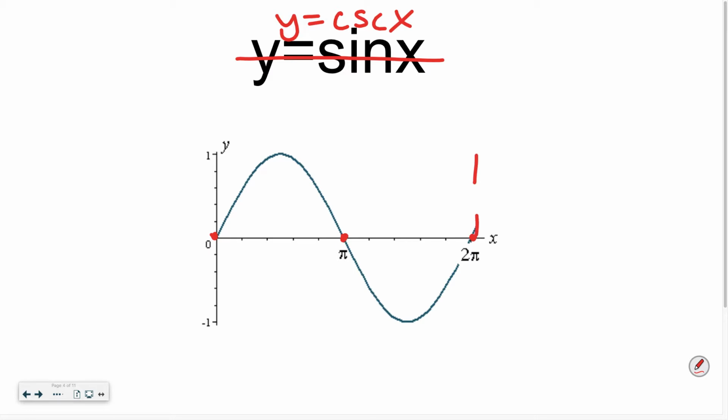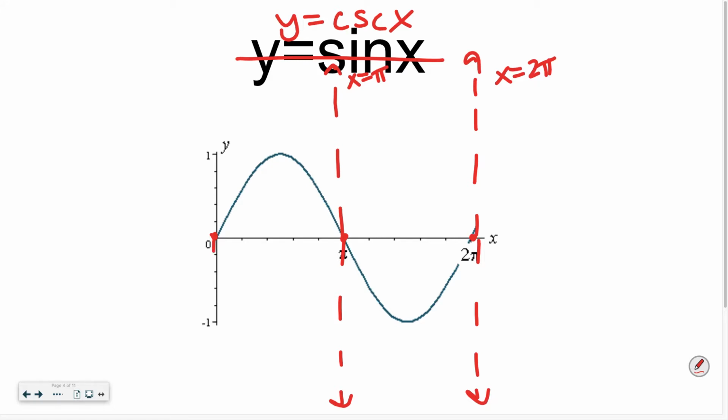So our cosecant graph is going to have a vertical asymptote at x equals 2 pi, x equals pi, and x equals 0, because those are the places where sine is 0, so our cosecant would be undefined.